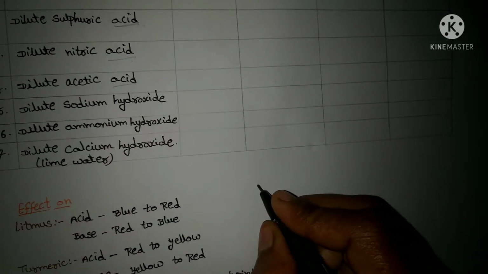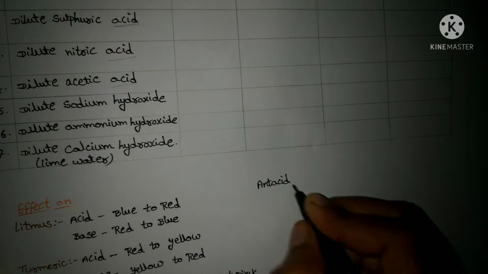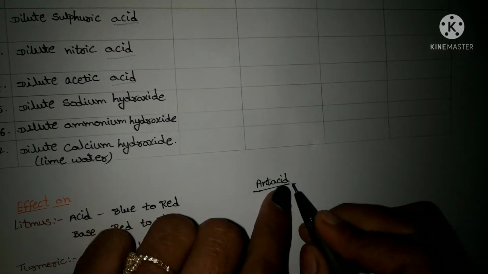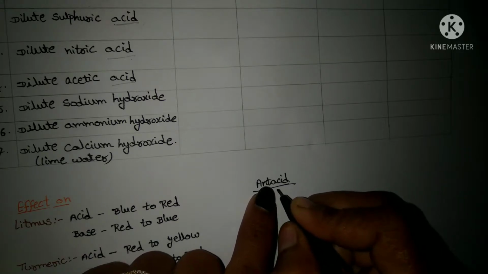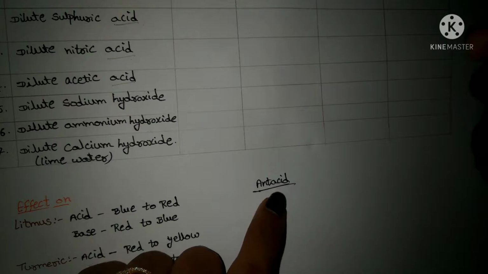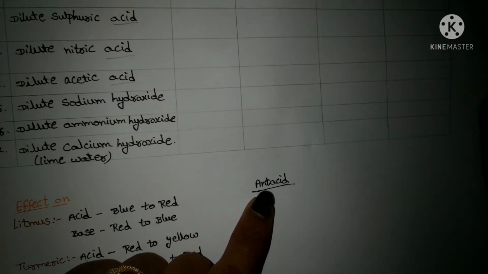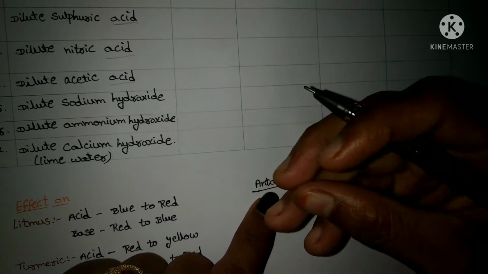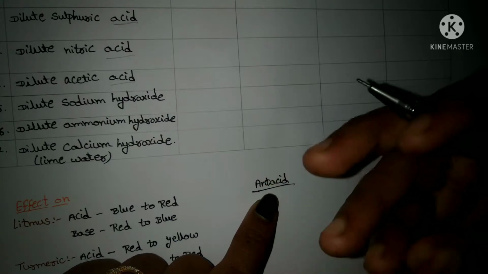In this lesson there is one topic, about antacids. By seeing the name, we might consider it an acid. No, it is actually anti-acid. Where will it be used? In coming videos we will discuss this topic. In our stomach, HCl, hydrochloric acid, is released. In case more HCl is produced in our stomach, it is very painful.